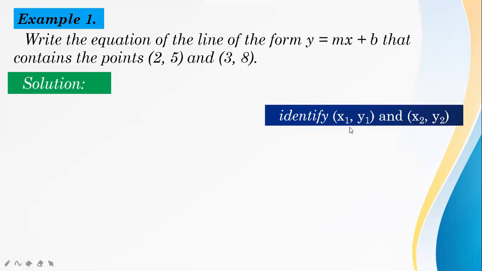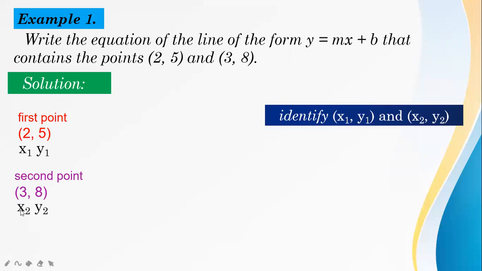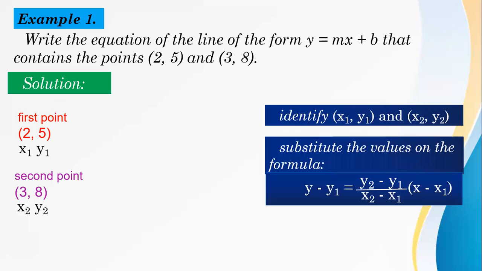First, you identify your x sub 1, y sub 1, and x sub 2, y sub 2. So we have first point, 2, then positive 5. The second point, positive 3 and positive 8. And therefore, this will be your x sub 1, y sub 1, x sub 2, y sub 2, because the first value is your x-axis and the second value is your y-axis.